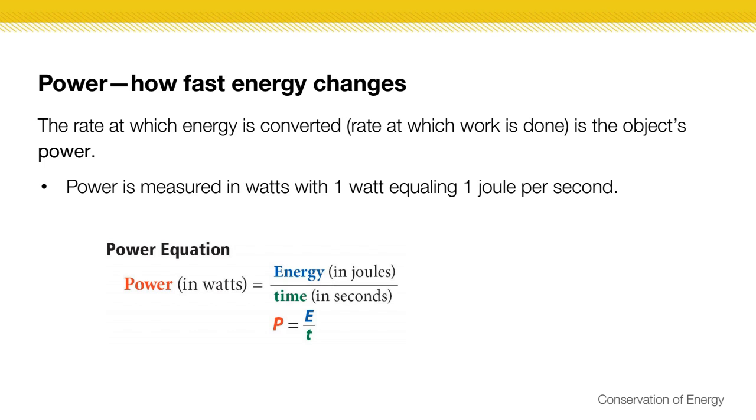So the formula for calculating power is energy in joules. That energy could be work. It could be a lot of other types of energy we haven't talked about yet. But if you're trying to figure out power, it's energy divided by time. That's going to be your power because it's the rate. How much energy are you converting in a certain amount of time?